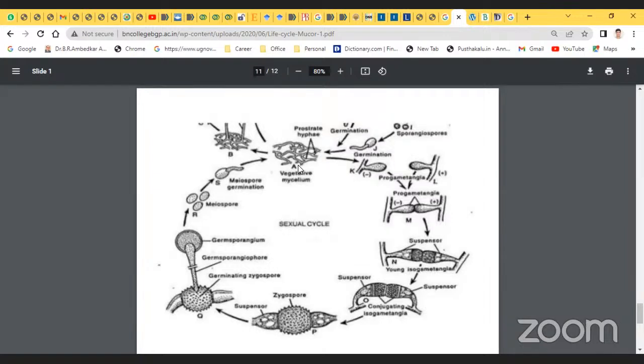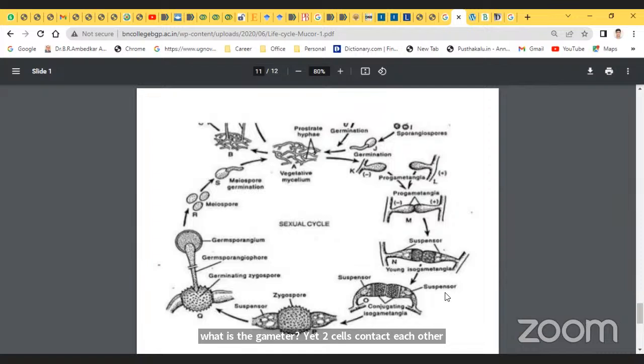After the spore formation and germination are completed, they go on to the progametangia. Then the gametangia: two cells contact each other, and finally only one cell is formed, called the zygospore. Right? That is the gametangial process.